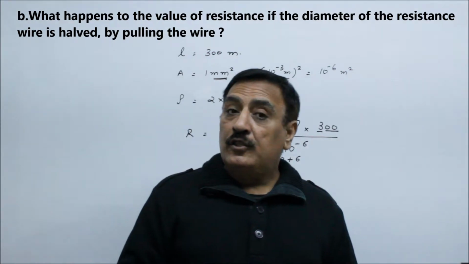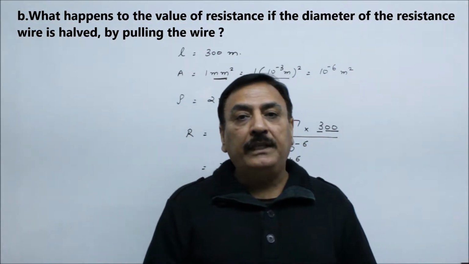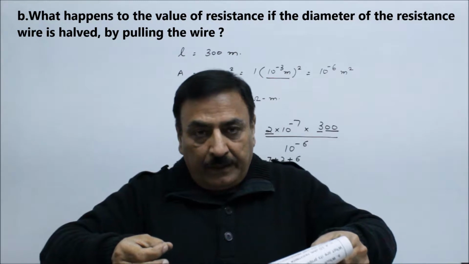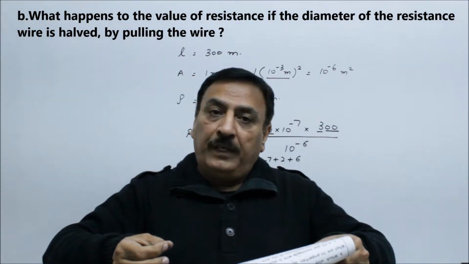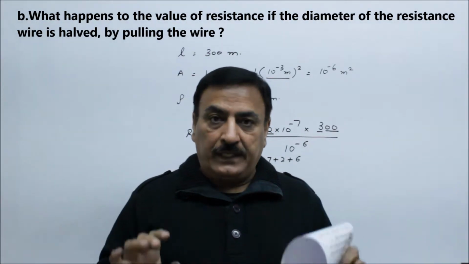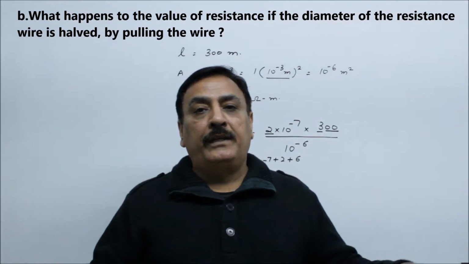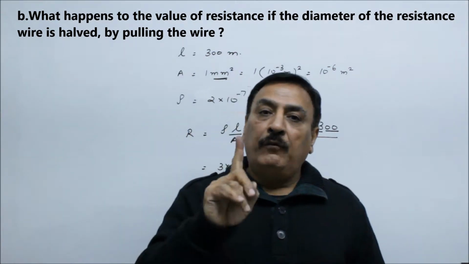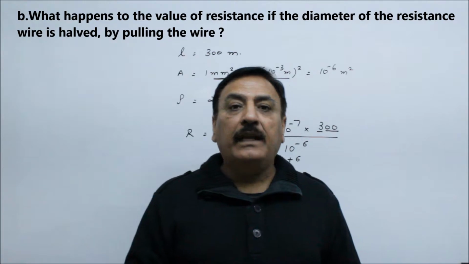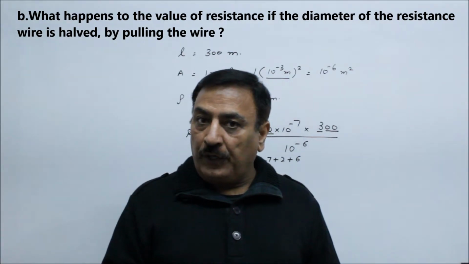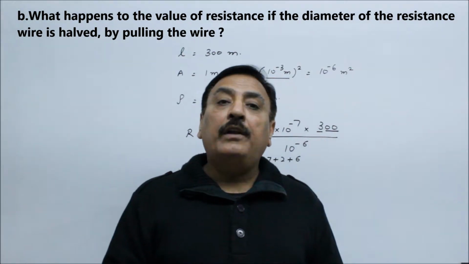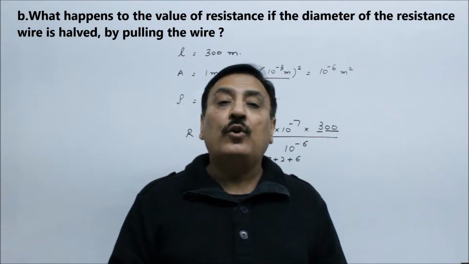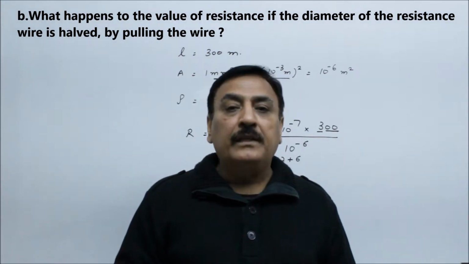Is that point clear? So just remember that when you are taking the wire, keeping the material of the wire in the same quantity, and you are pulling it, what is going to happen? One, the length is going to increase, and the area of cross section is going to reduce, or the radius or diameter is going to get reduced.